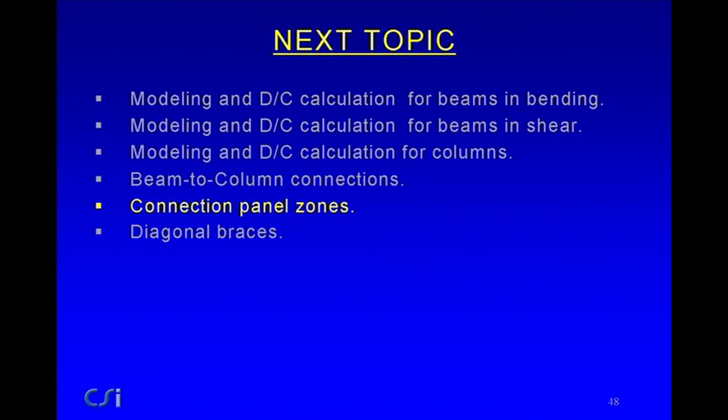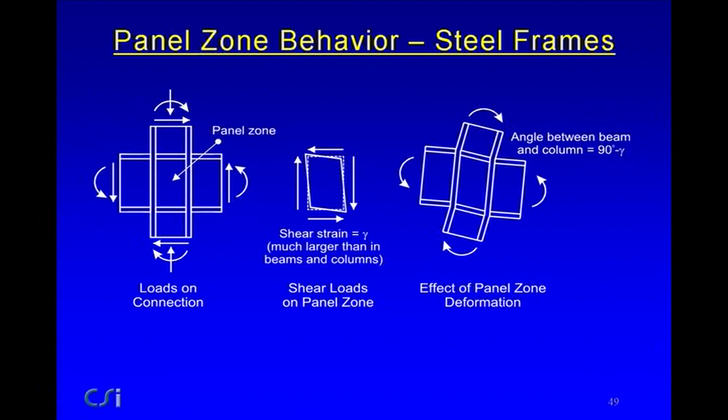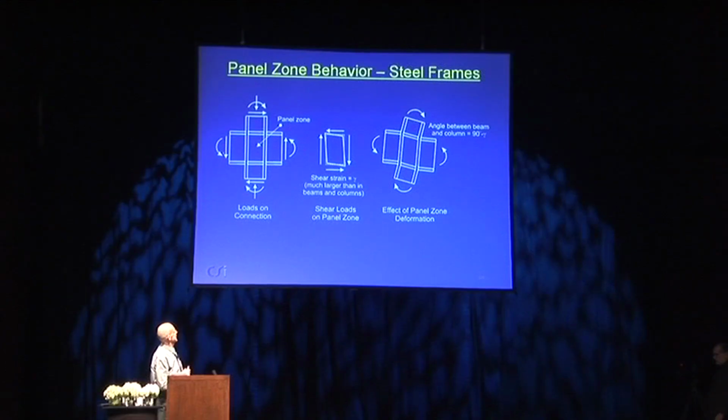Connection panel zones. I think you're probably familiar that the loads on a connection panel zone are basically moments and shears coming in from the beams, and moments and shears going out of the columns, so moment is being transferred from the beams through the panel zone to the columns, or vice versa.